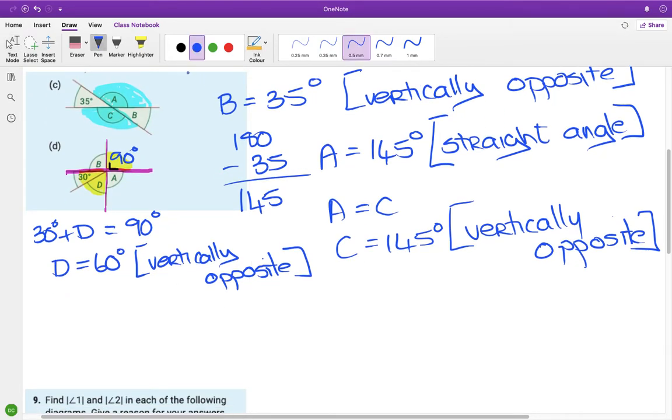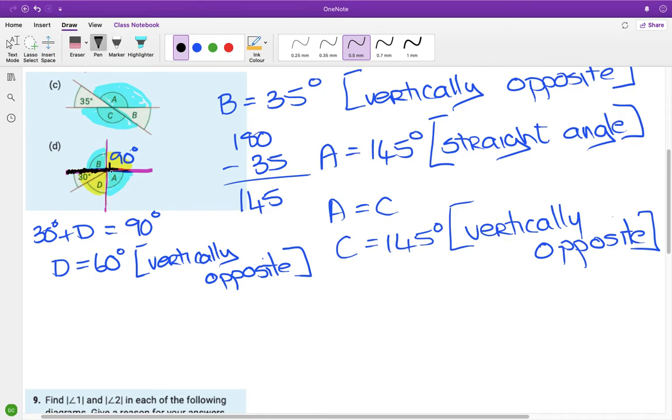Okay, so then we know that this one and this one are vertically opposite, but we don't know either of them, so that's a bit useless at the moment. But you see where I'm colouring here?